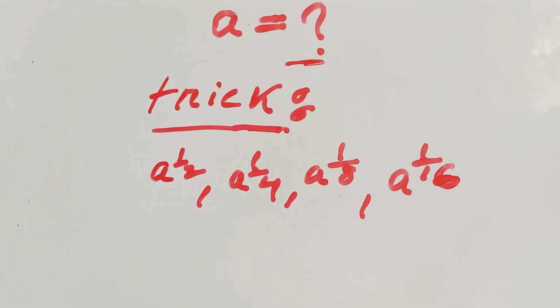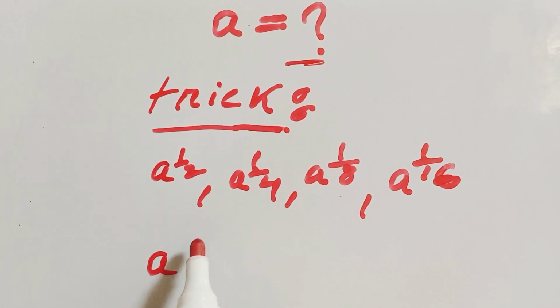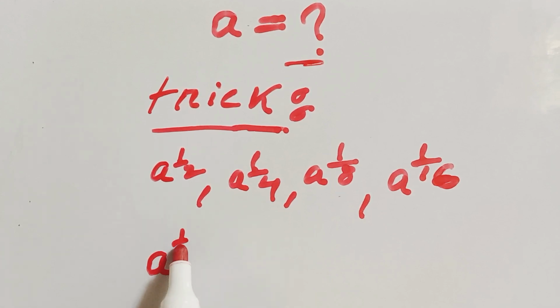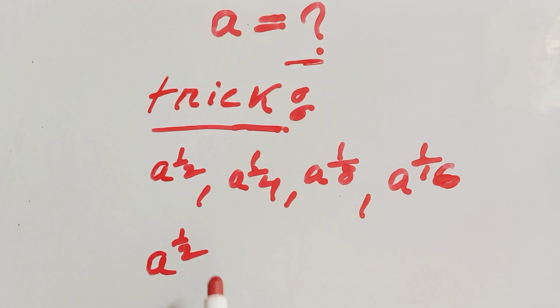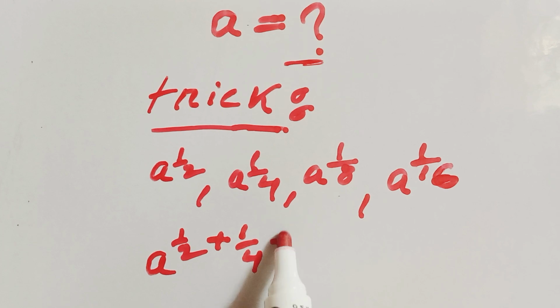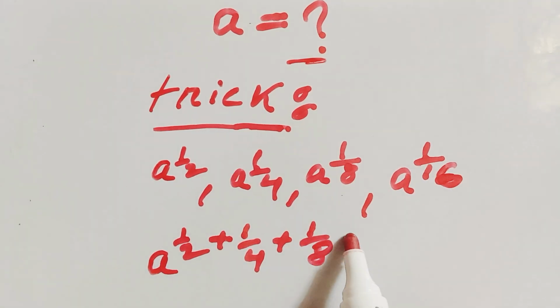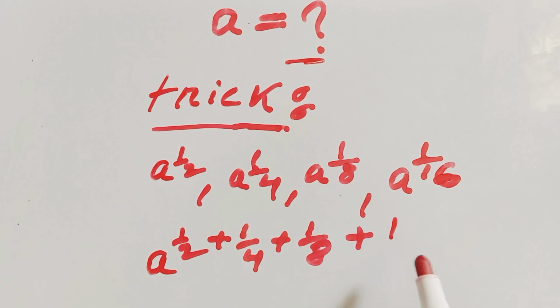So here we can write like that. A power half plus 1 by 4 plus 1 by 8 plus 1 by 16 equal to 15.